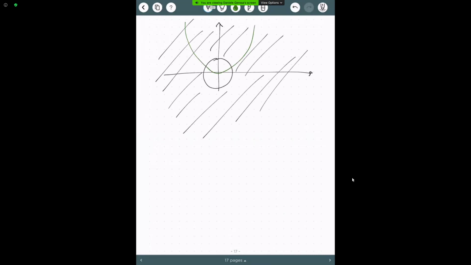We want to see which side we have to pick because we have an inequality. For instance, you see that the point (0, -1) fulfills the relation x squared greater than y. So from this, we understand that the part of the plane that we are interested in is this one here. Okay.